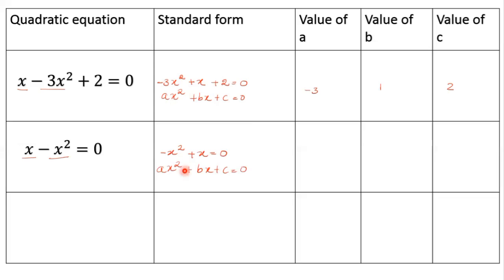The coefficient of x square, that is the value of a, is minus 1. The coefficient of x is b, which in the equation is 1. And here we do not have a constant term. So the value of c is 0.